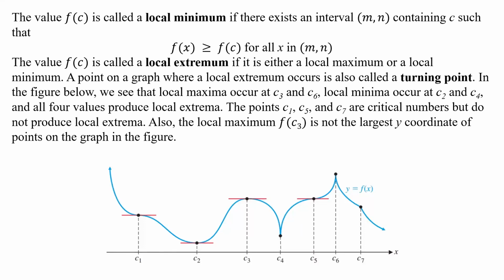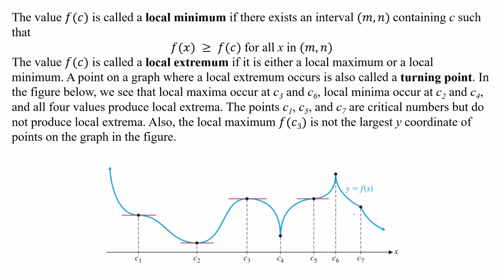Now, in the figure below, we see the local maximum occurs at C3 and C6. So we're changing directions at the maximum, okay? And the local minimum occurs at C2 and C4, because here we're changing directions, and here as well. All four values produce local extrema. Now the points C1, C5, and C7 way over here are critical numbers, but don't produce local extrema.